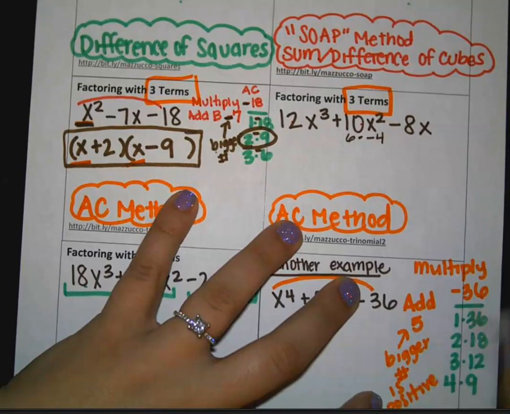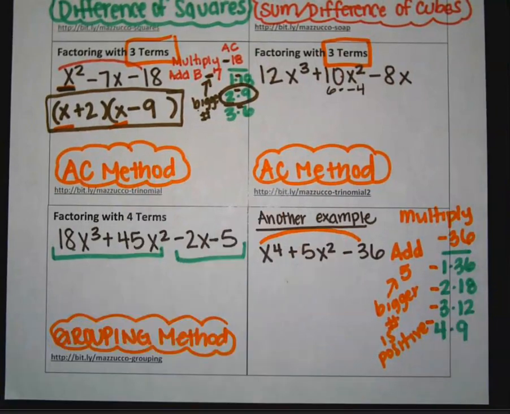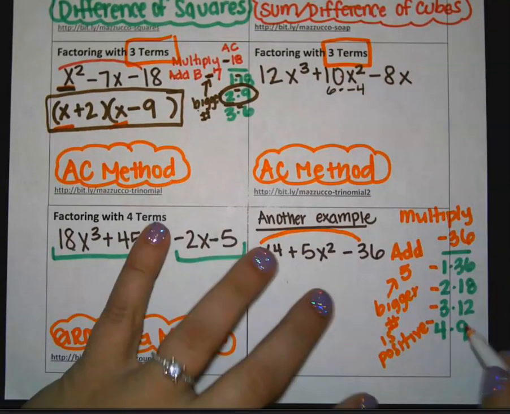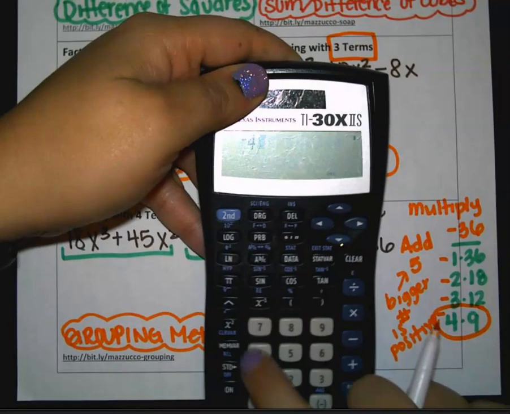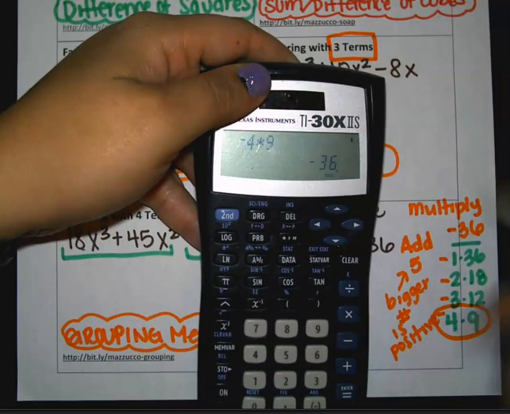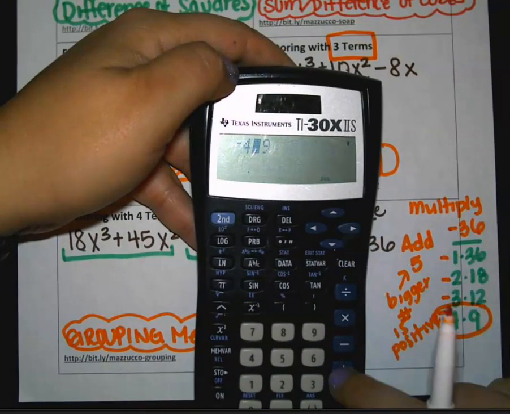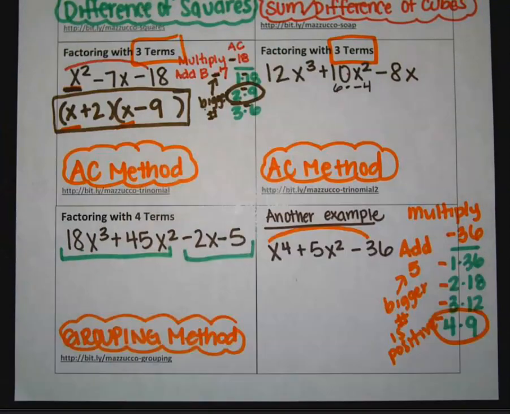But it has to multiply to a negative, so I know one of them has to be negative. And then I'm going to add these, and I see that negative 4 and 9 would work. So again, negative 4 times 9 multiplies to a negative 36, and then when I add them, it adds to 5. So that's how I know to pick those.